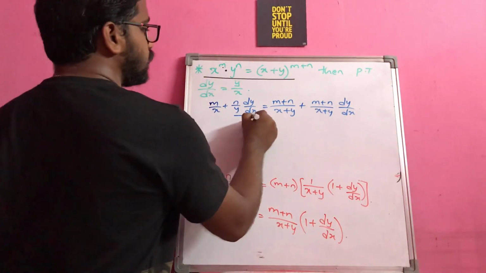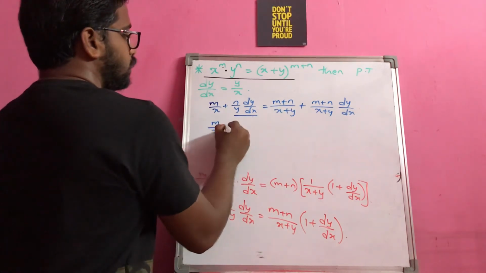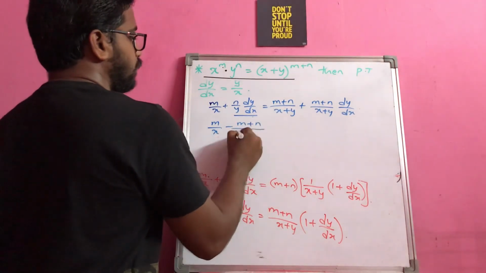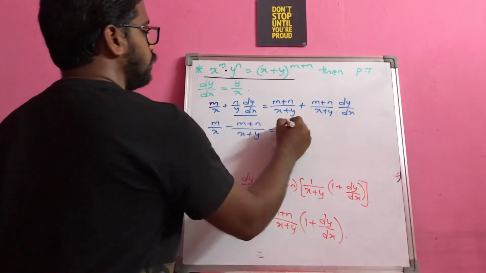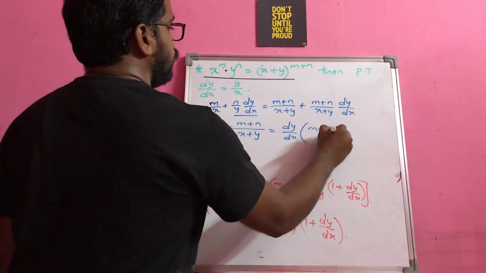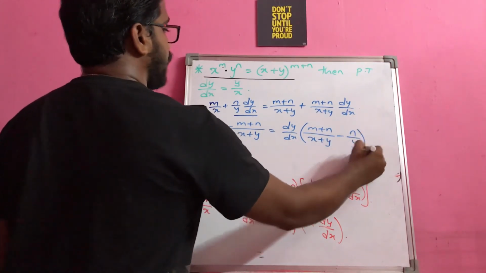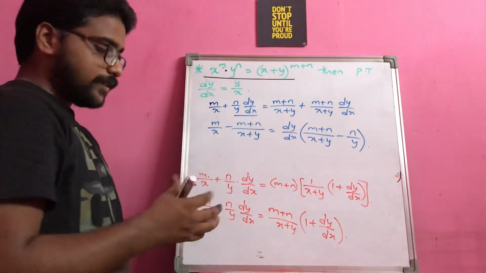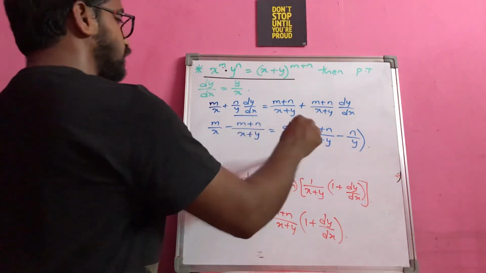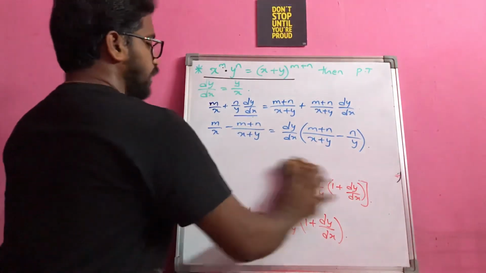So I will send this term to the other side and this term to the left side. So m by x minus m plus n by x plus y is equal to, from these two terms you can take dy by dx out, you will be getting m plus n by x plus y minus n by y. So first of all, let us simplify it further here itself, and then we will think of how to get the value of dy by dx.